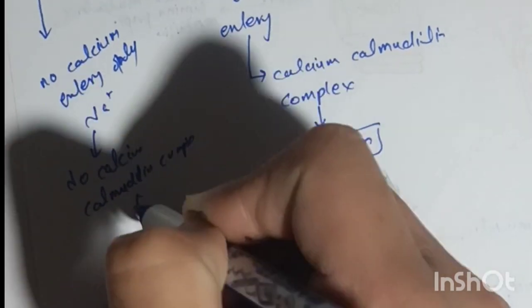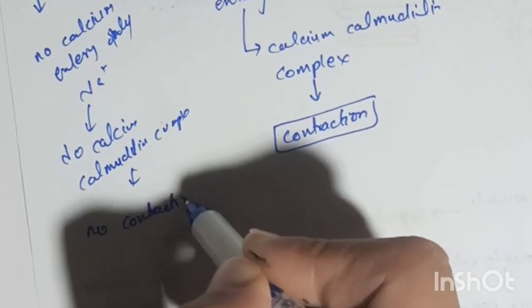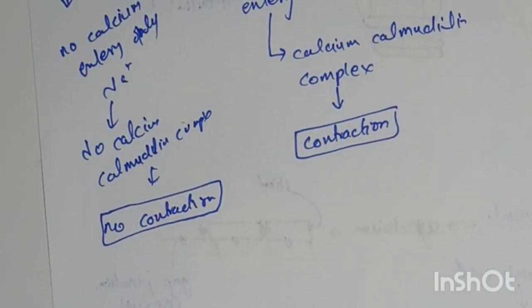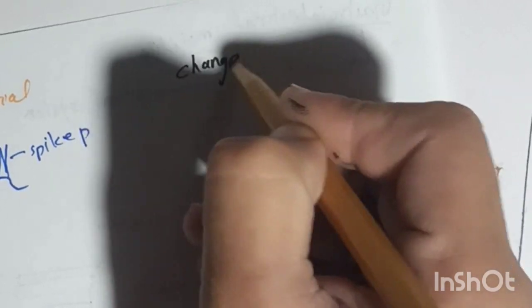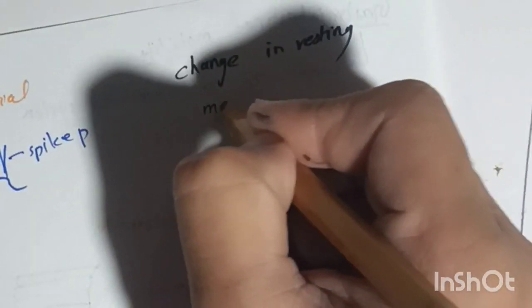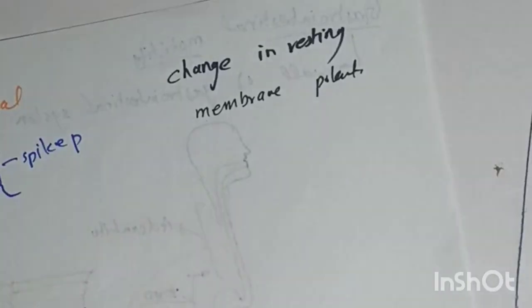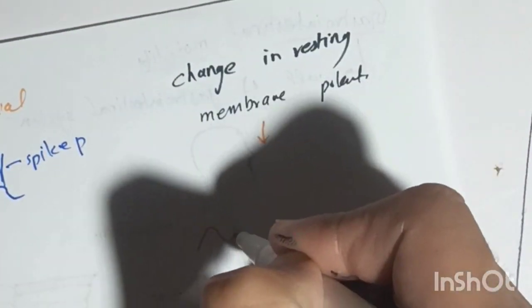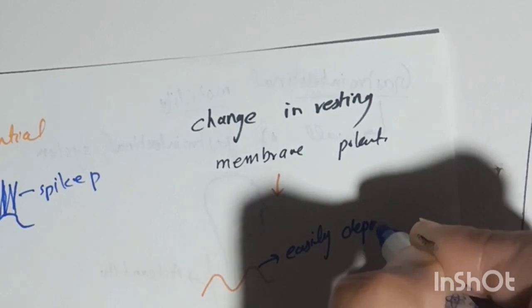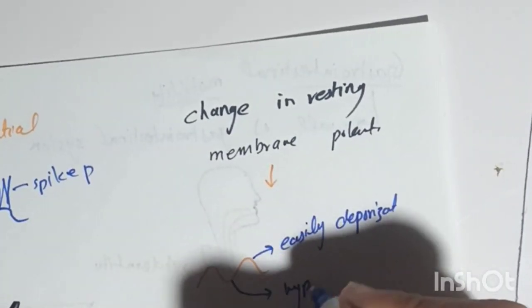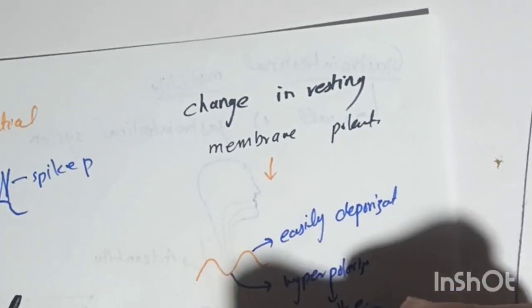But in the basal electrical rhythm there is no entry of calcium, no calcium-calmodulin complex, and no contraction will occur, because there is only sodium ion. It is a change in resting membrane potential, but it is not an action potential.